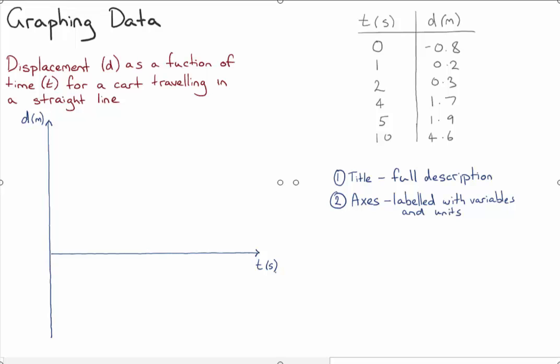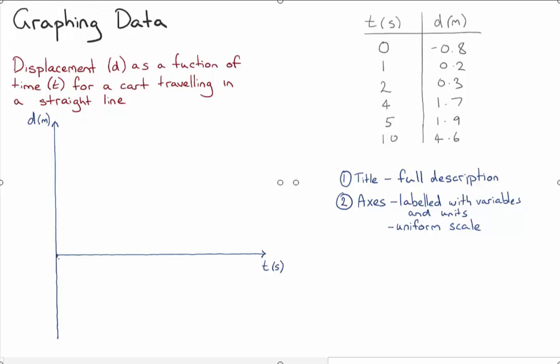Now we need to have a scale on each of these axes, and the scale needs to be uniform. But what do I mean by a uniform scale? Well, to demonstrate that, I'm just going to plot up the time points that we have in our table, just one after the other.